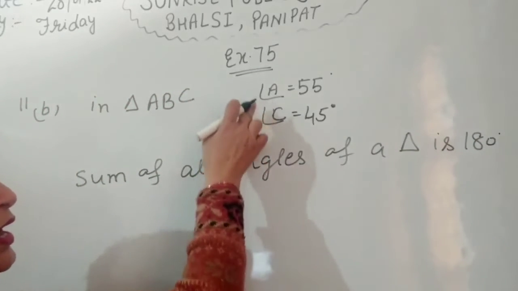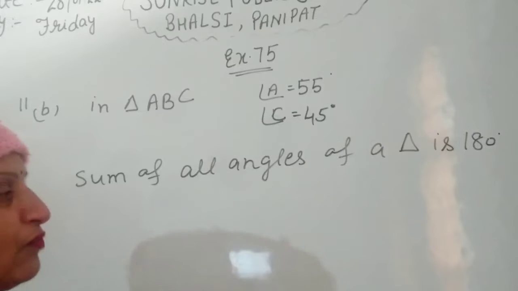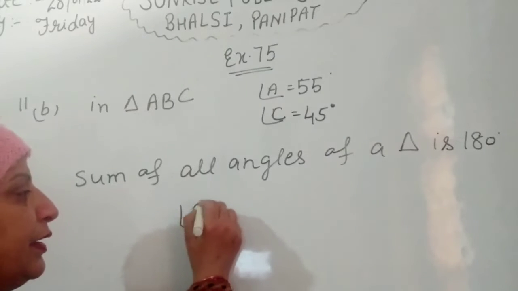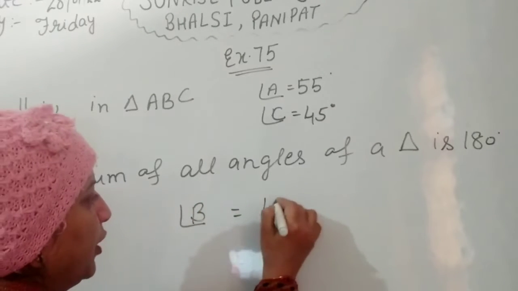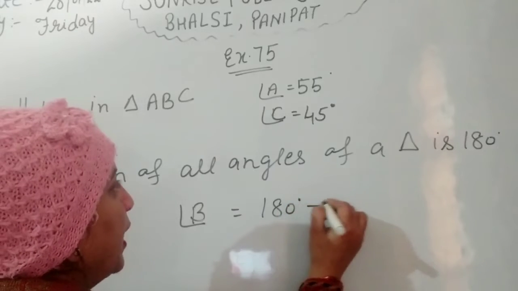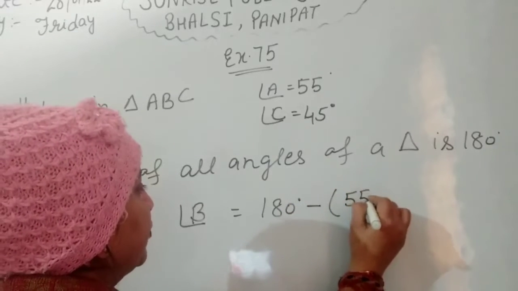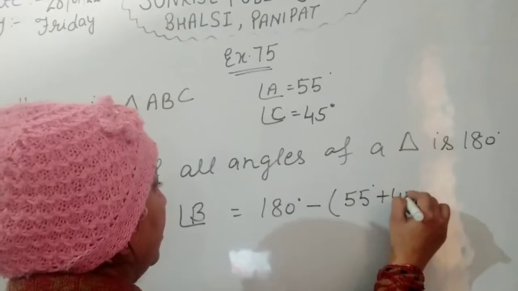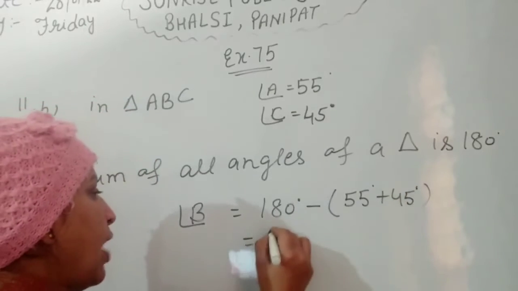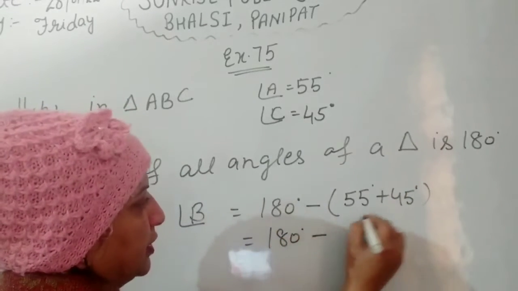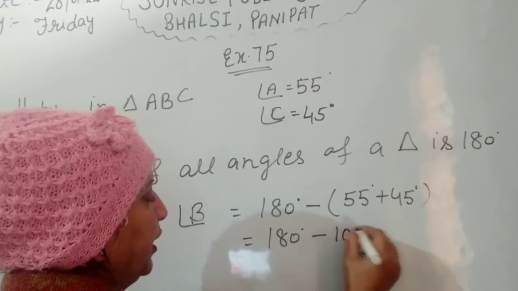So here angles A and C are given. So we write angle B. Angle B is equal to 180 degrees minus (55 degrees plus 45 degrees). Now here we write that this is equal to 100 degrees.